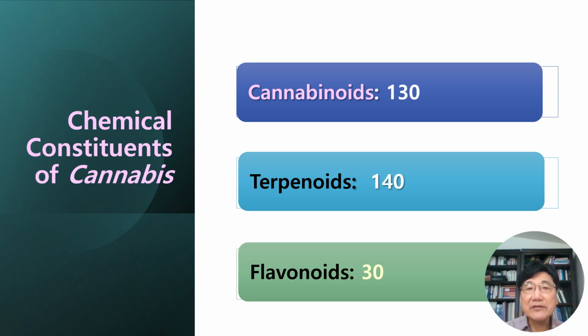As the secondary metabolites in cannabis, these three compounds are important. Cannabis plants are known to contain about 130 cannabinoids, 140 terpenoids, and 30 flavonoids.